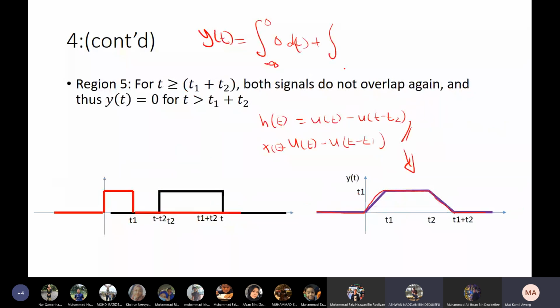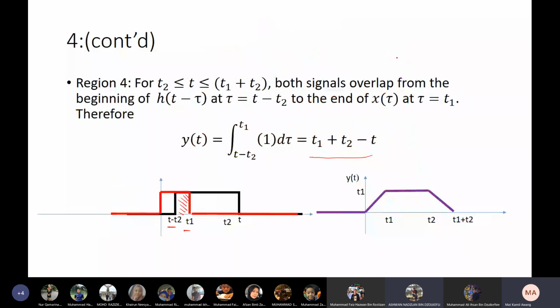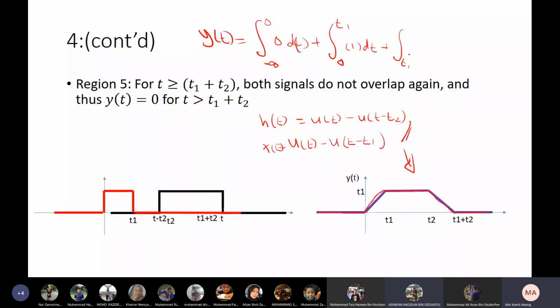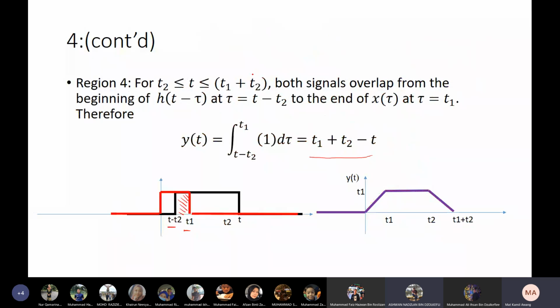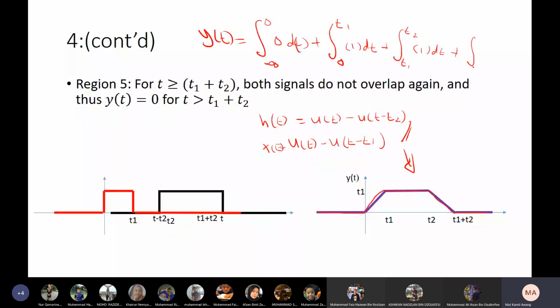Second one, this is the second region, from 0 to T1, of 1 dt, plus from T1 to T minus T2 of 1 dt, plus the integration of region 4, from T minus T2 to T1, of 1 dt, plus region 5, which is from T1 plus T2 to infinity of 0 dt.